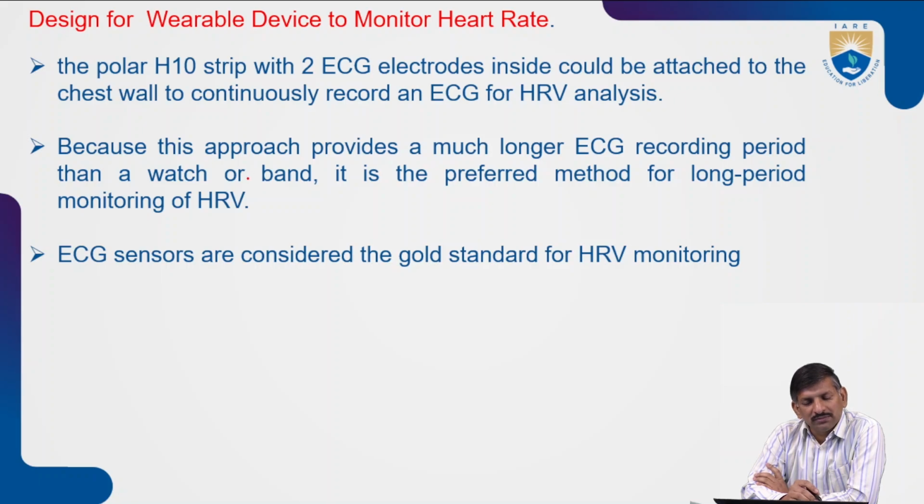Because this approach provides a much longer ECG recording period than a watch or band, it is the preferred method for long period monitoring of HRV. ECG sensors are considered the gold standard for HRV monitoring.